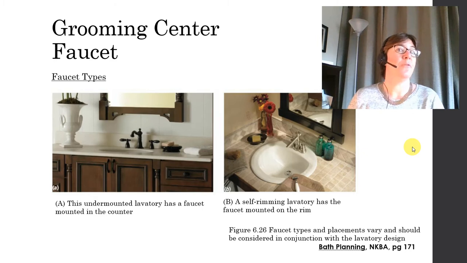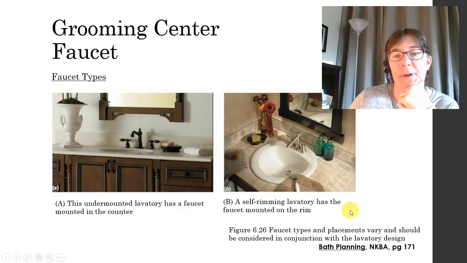There's a lot of different faucet types, and here's a quick overview of a couple of them. Here is an undermounted lav with the faucet mounted in the counter. In this picture here, we have a self-rimming lav, and the faucet is mounted on the rim of the lav itself.